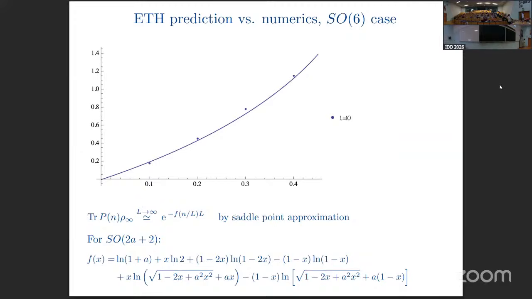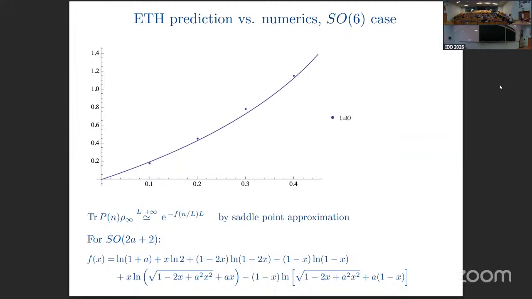Here's the similar curve for the SO6 case. Again, the data is more sparse. The length of the chain is only 10. But you see again that the qualitative features look very good. Again, you have this curve you can find almost analytically, not exactly, but you can find it by a saddle point approximation.